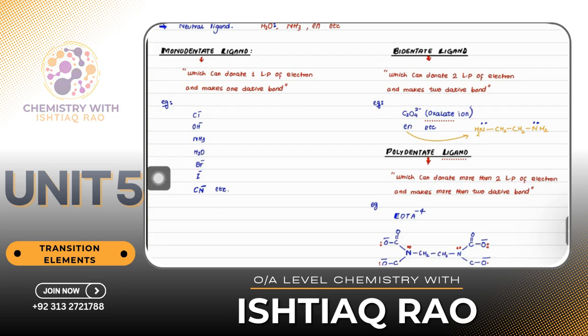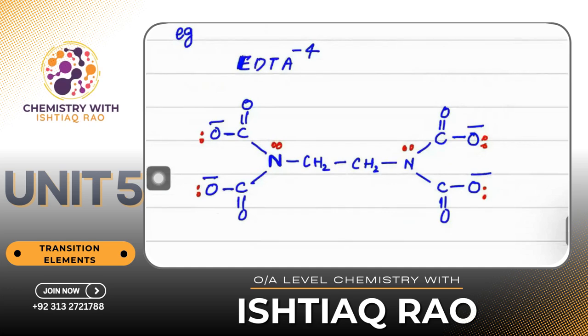If you see the structure of EDTA, it has six lone pairs of electrons: one, two, three, four, five, and six. At a time, it can give the six lone pairs of electrons. So yes, EDTA is a polydentate ligand.